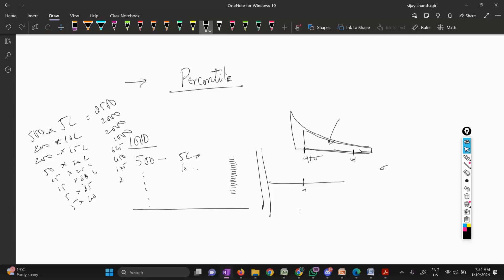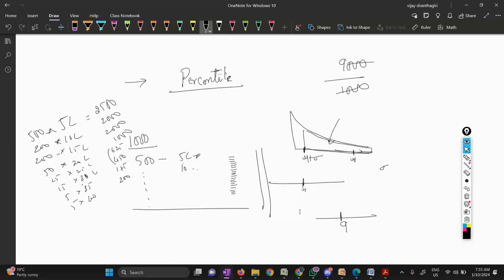This is only two. 4,000, 7,500, 8,500, 9,000, roughly about 9,000 divided by 1,000. So you have 9 LPA as a mean value.